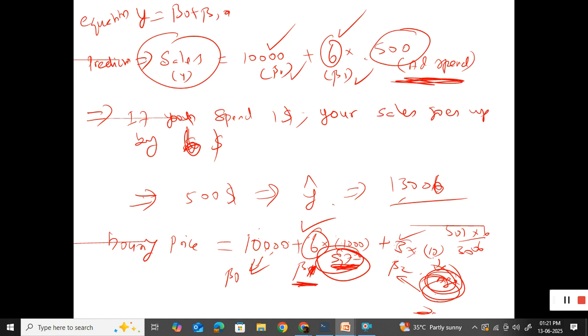So this slope value 3 is specific to age, and this slope value 6 is specific to your square feet. So we call this a coefficient. This 6 is also a coefficient, but the coefficient 6 is specific to square feet, and the coefficient value 3 is specific to age.